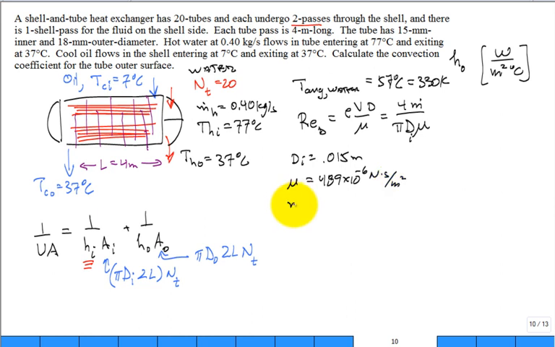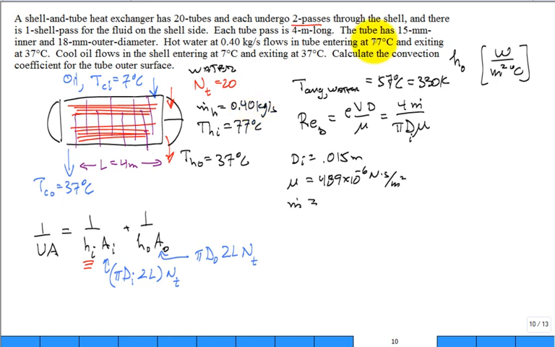And the mass flow rate, I have to think about this a little bit. Is it the mass flow rate of the water? They give it to me as 0.4 kilograms per second. But is that through each tube, or just coming into the heat exchanger and then passing through and separating and going into 20 different tubes? It's a total mass flow rate.